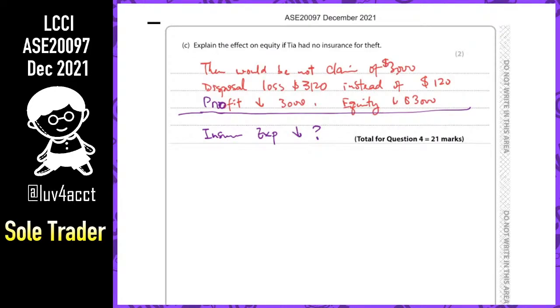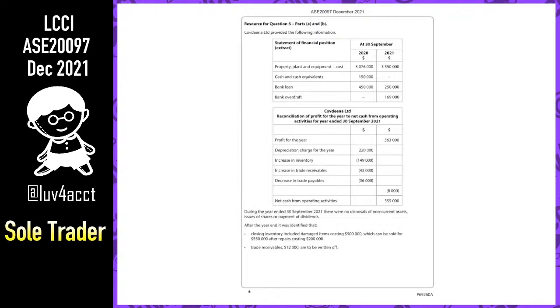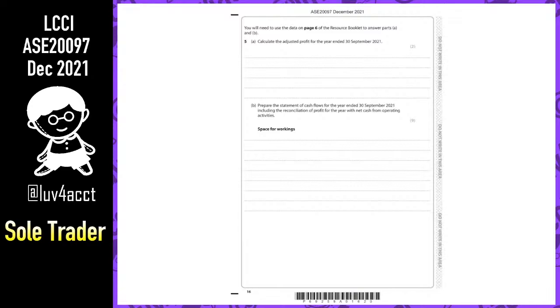Next question. Last question now. Question 5. Provided to you balances and then reconciliation from net cash operating. What you have to do, obviously it is a statement related to the statement of cash flows.